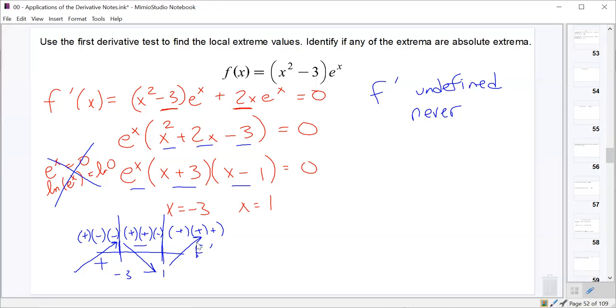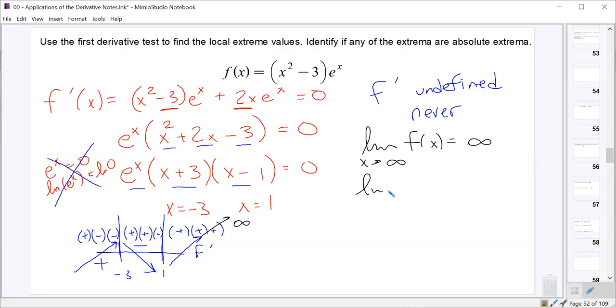So if I were to look for a limit as x approaches infinity of f of x, well, that's just going to be infinity squared minus 3, which is infinity, times e to the infinity, which is also infinity. Infinity times infinity is infinity. So this is going up towards infinity.